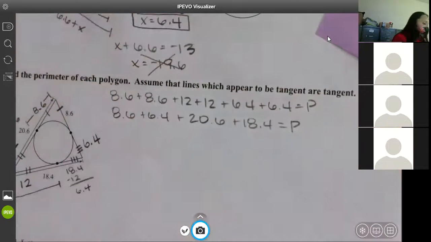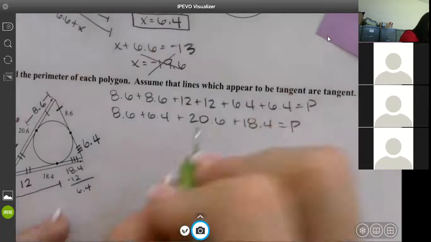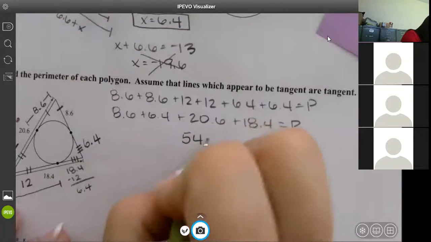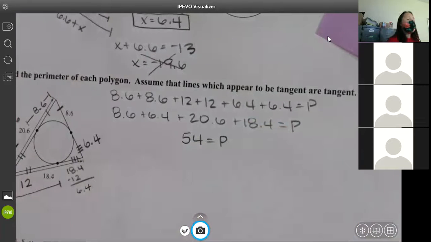Either equation is obviously going to work. I don't care how you see it. You do whatever you want to. So then we add these up. 8.6 plus 6.4 plus 20.6 plus 18.4 gives you 54 as your perimeter. That's all you do. So use that ice cream cone theorem to fill it in.